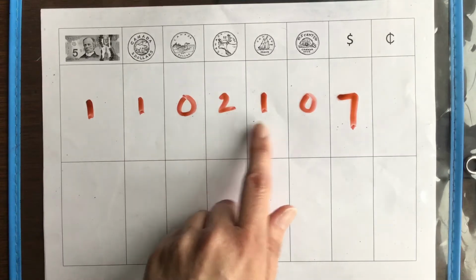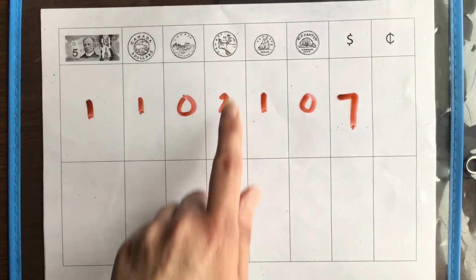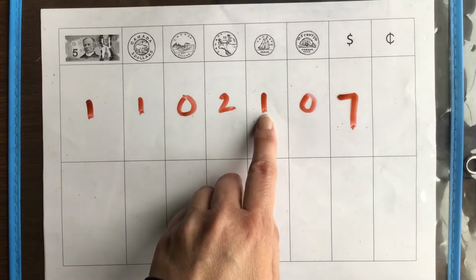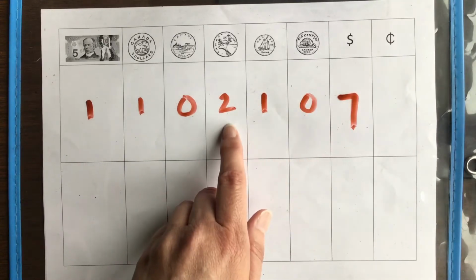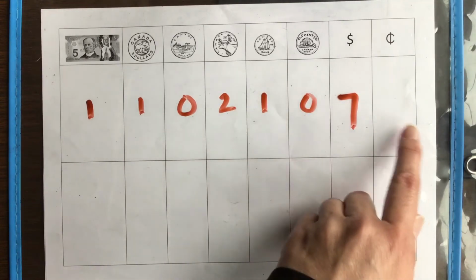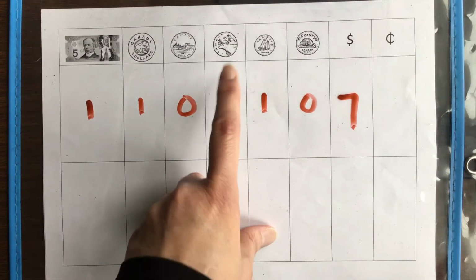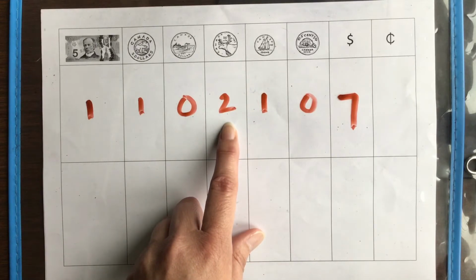Okay, let's take a look at our cents now. I have 2 quarters. Okay, it means that I actually have 2 physical quarters. I have 1 dime and I have 0 nickels. So now I'm going to add these up. I'm not going to say 2 plus 1 is 3. That would not be correct because I need to look at the value of the coins. I have 2 quarters. What does that equal?